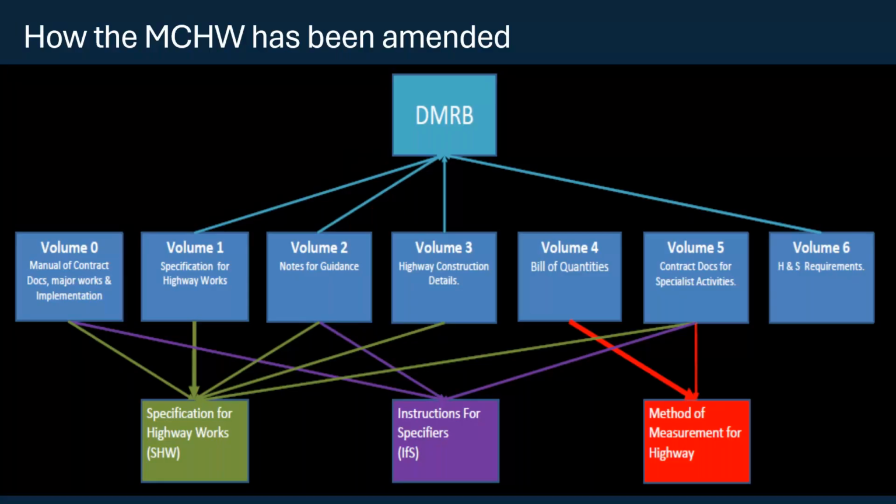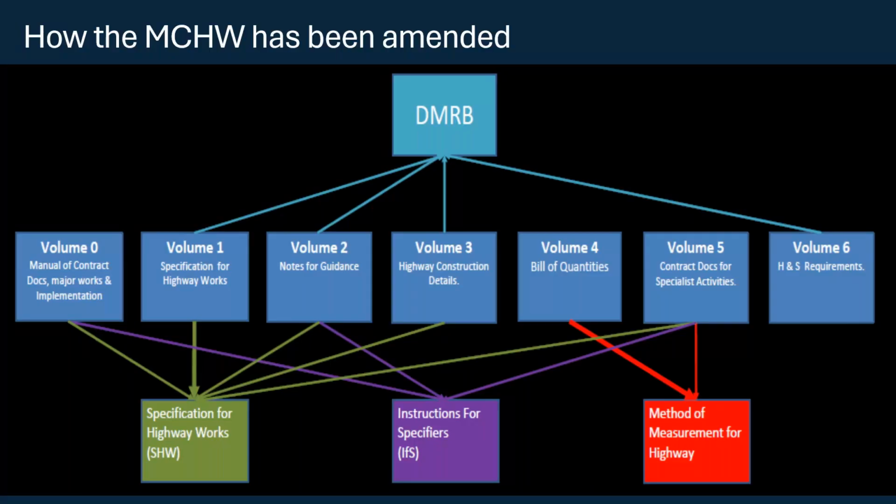The specification for highway works, the information for specifiers, and the method of measurement for highway works, and the design manual for roads and bridges has been updated. National specific versions have been created for all the countries of the UK and can be downloaded free from the Standards for Highway website, as can all the documents that I'm going to refer to in the talk today.